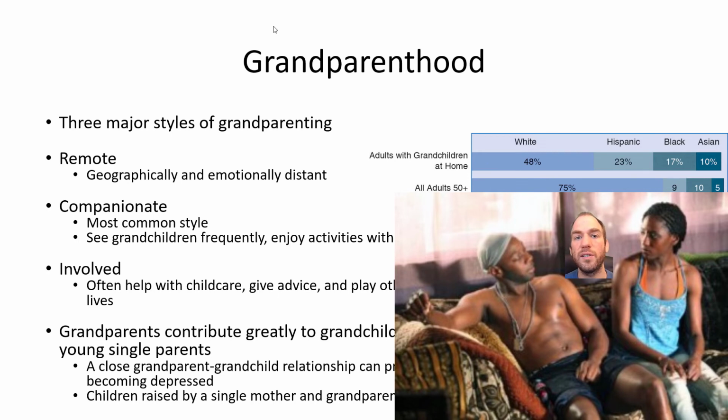So if a parent is depressed or distracted, or for a variety of other reasons, a grandparent can reduce the negative impacts of that depressed parent on a child's developmental outcomes. And also, children who are raised by a single mother and grandparents in general resemble the developmental outcomes of children raised by two parents.